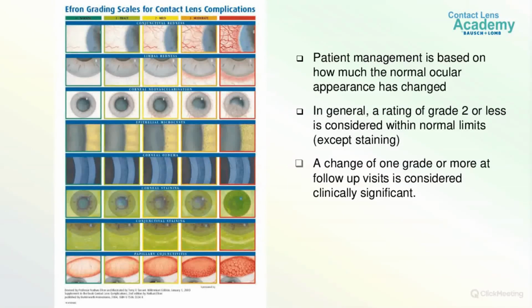Patient management is based on how much the normal ocular appearance has changed. In general, a rating of grade 2 or less is considered within normal limits, except for staining. And a change of 1 grade or more at follow-up visits is considered clinically significant.